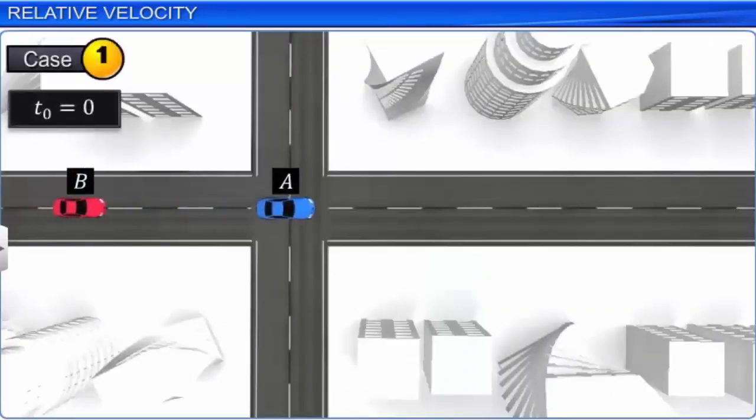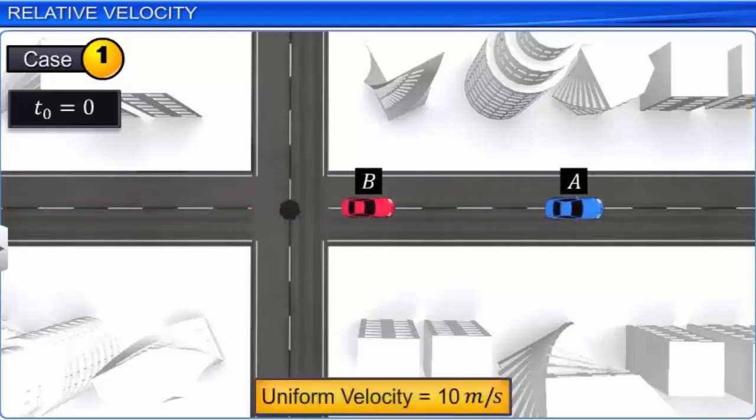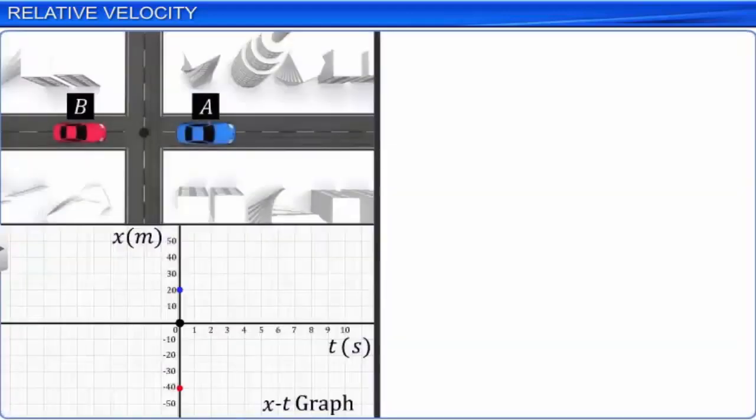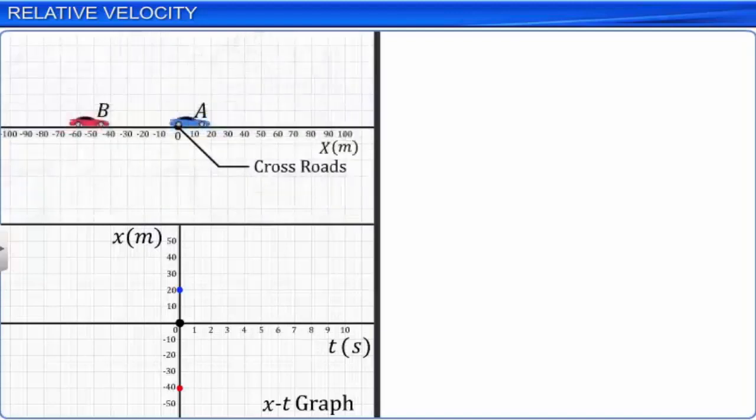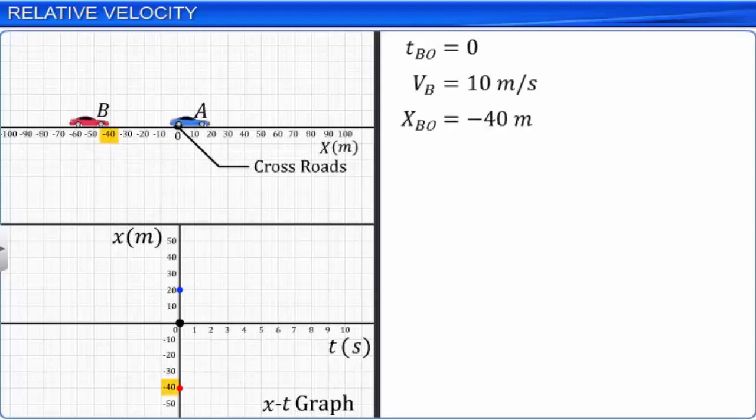Cars A and B are moving on a straight road with equal uniform velocity of 10 meters per second. At the time of initial observation, that is, when tb0 is equal to 0, B is 40 meters behind the crossroads, and A is 20 meters in front of the crossroads.